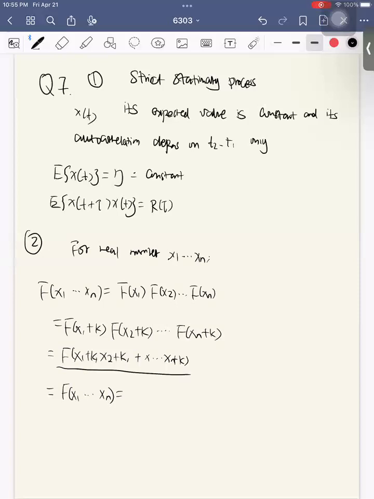So we can say this thing here is equal to f(x1 + k, x2 + k, all the way to xn + k). Having these two properties, now we can plug in our equation to see if the random telegraph signal is stationary or not.